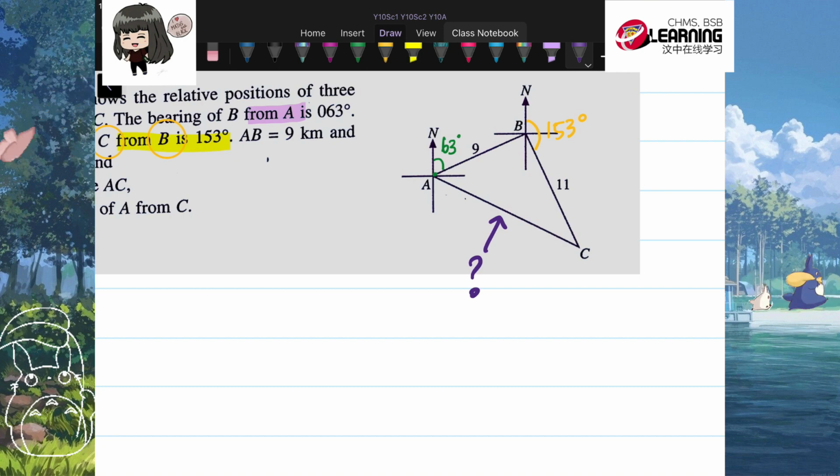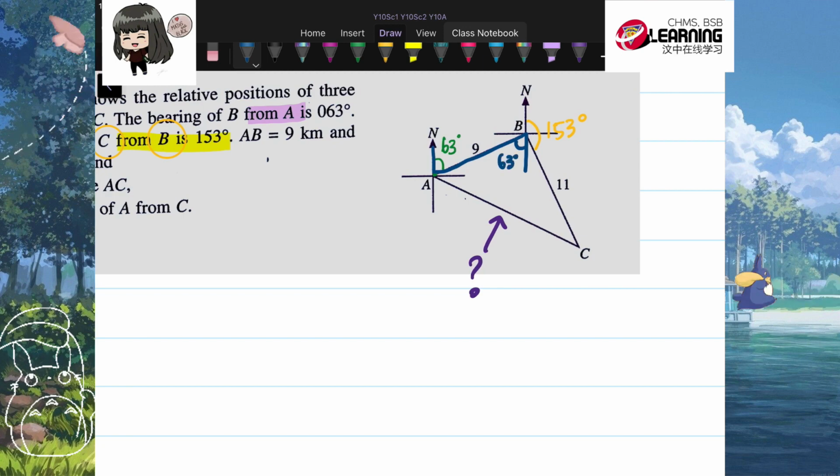So we need to find out how to find AC. Before that, you need your knowledge of angles and also trigonometry. To find this one, you already have 63. So what we're going to do here is this 63 is an alternate angle, the Z shape. So here is also 63.